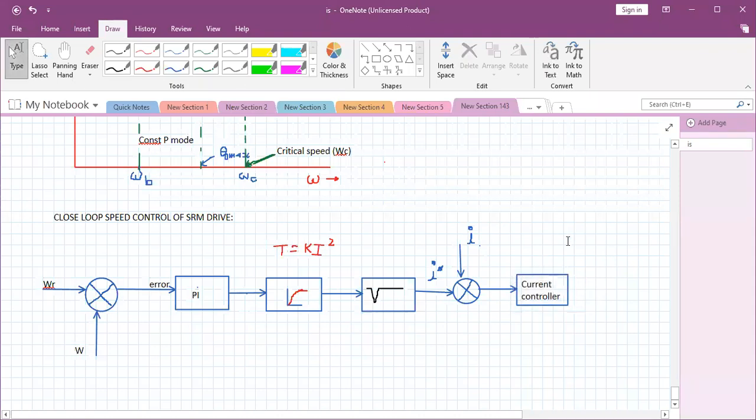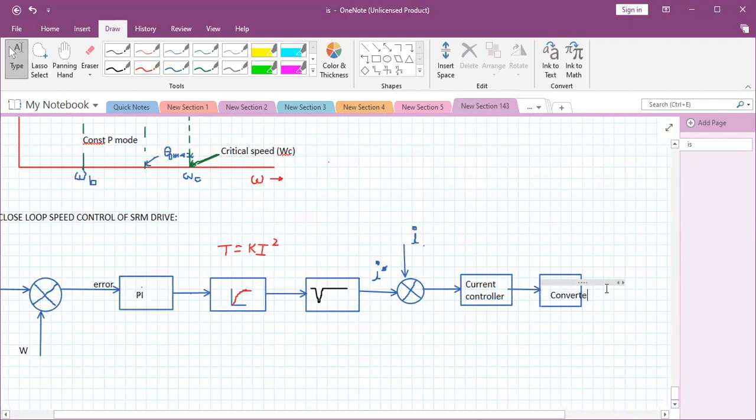Then we have applied to the converter. Consider here the converter is there, and then we have a motor.